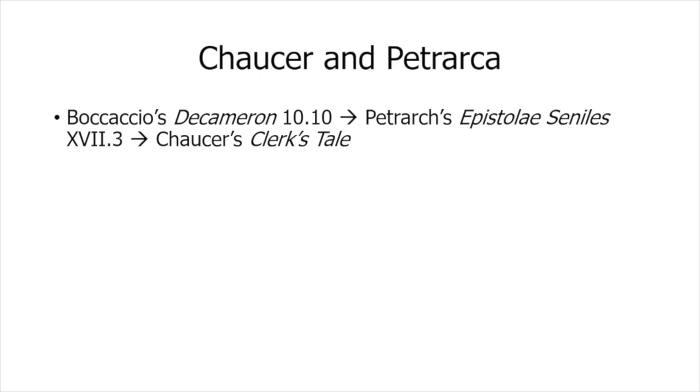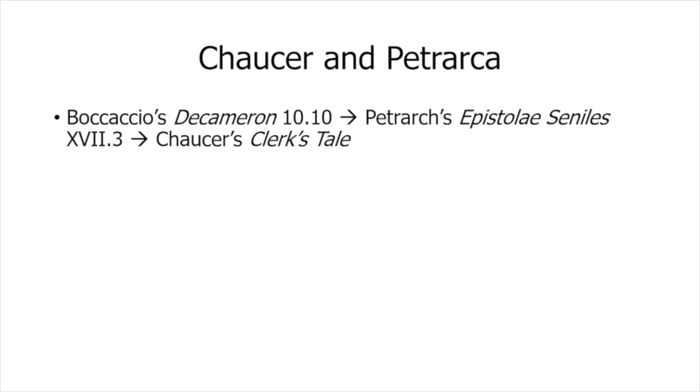So the last story in Boccaccio's Decameron is written in Italian. It's the story of Decameron 10.10, which is a story about basically a paranoid and sadistic husband who torments his humble wife for years. Okay, it's a very odd story.